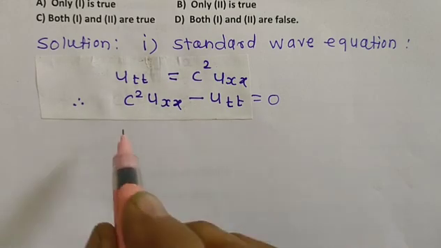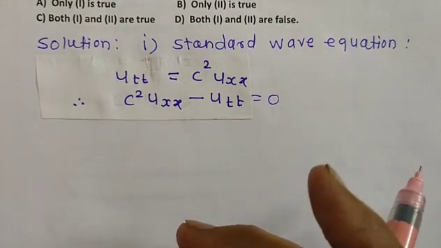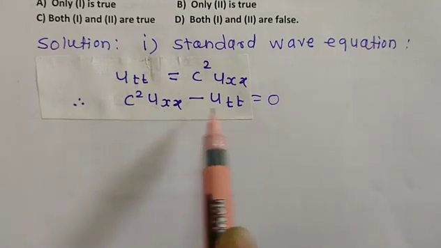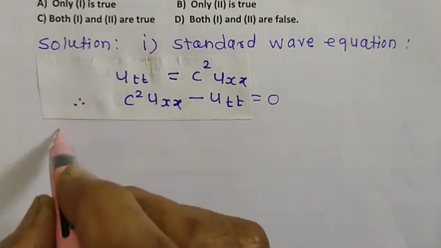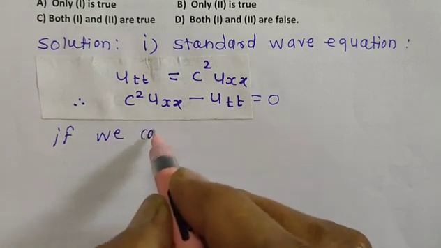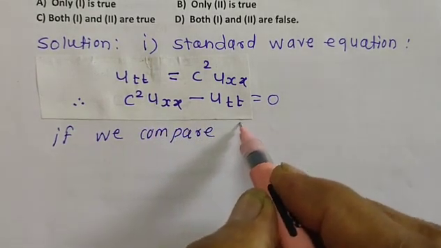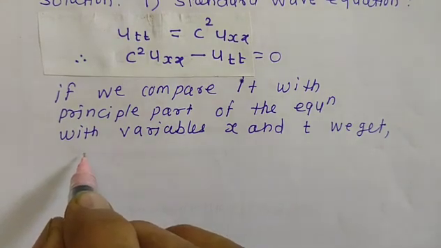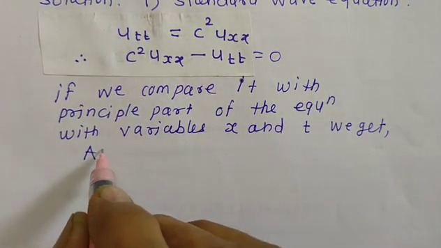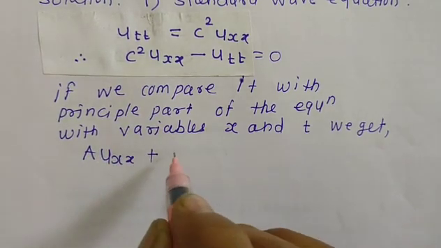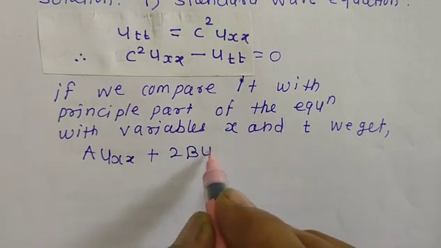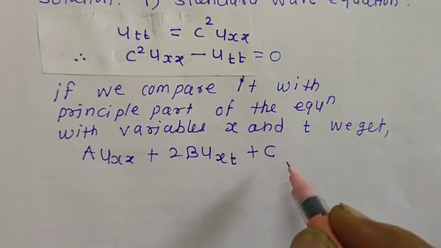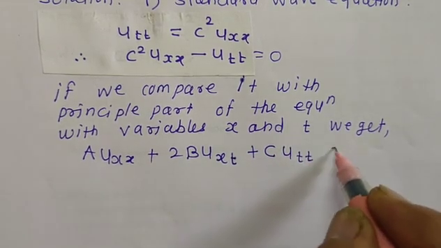Okay. Now if we compare this with the principal part of the equation with variable x and t, then you can write A uxx plus 2B uxt plus C utt is equal to 0.